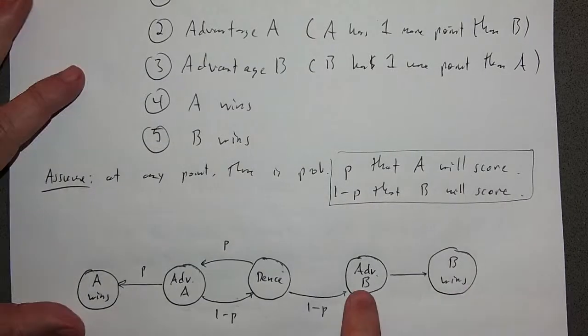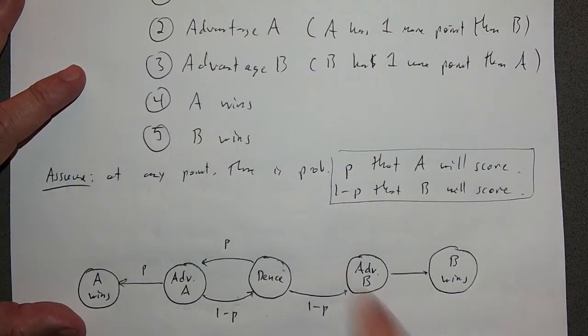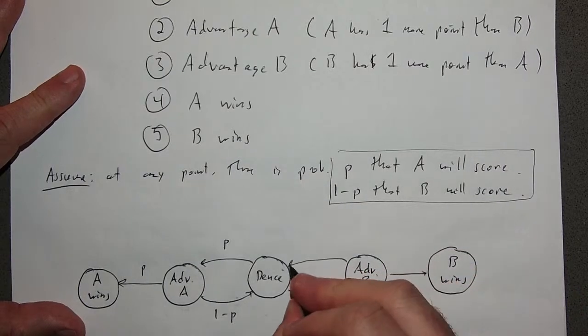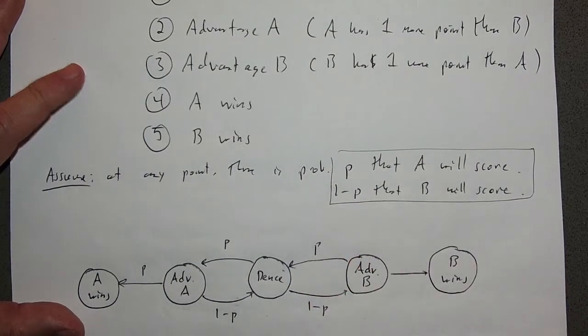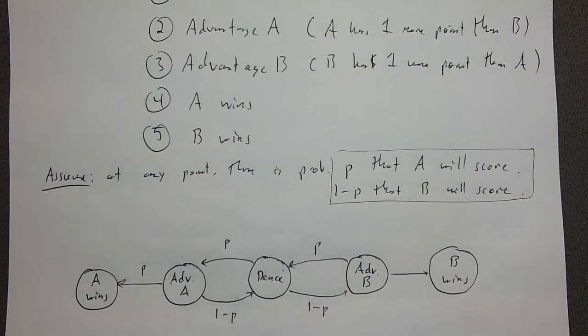There's one more thing to fill this out here. From advantage B, if A scores, that's probability p that happens, that takes us back to deuce. Now, what is it that is different than what we had before with our examples for Markov chains? Do you notice anything?